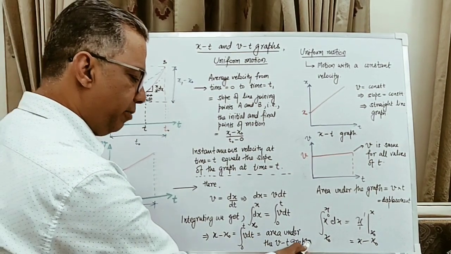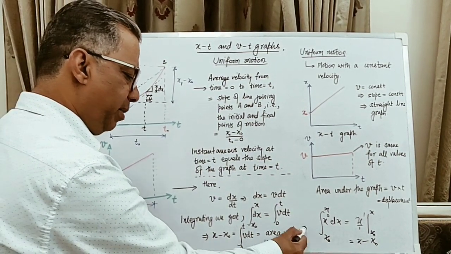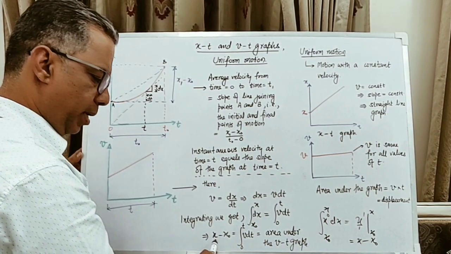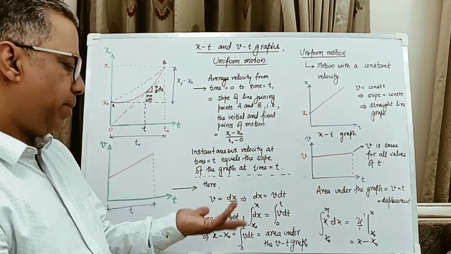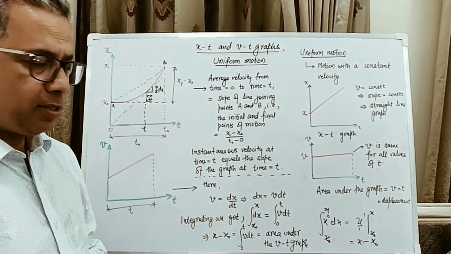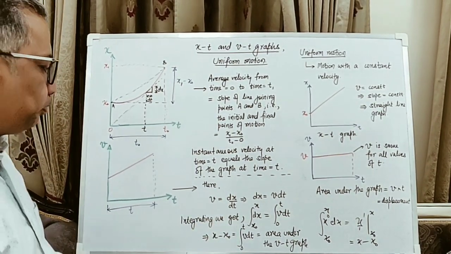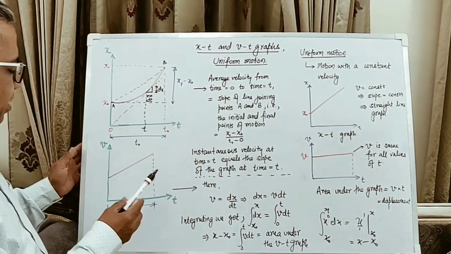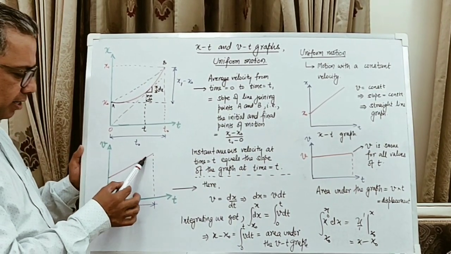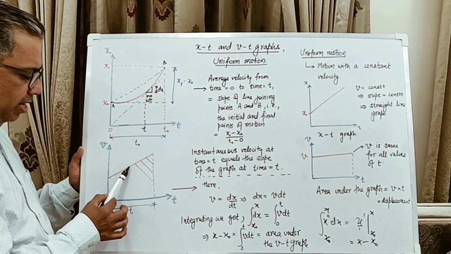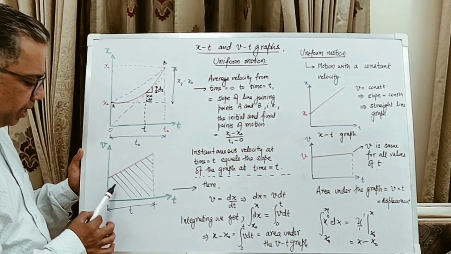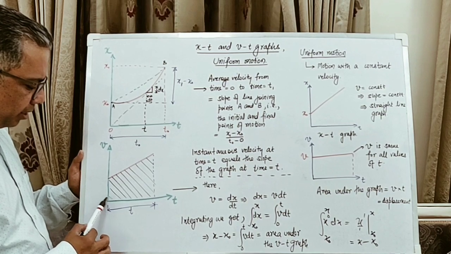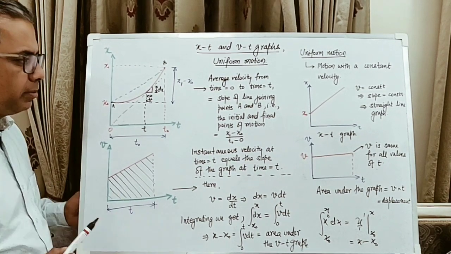So area under the vt graph in a given time interval equals x minus x0, and x minus x0 is the displacement during that same interval. So if I shade this area, this shaded area under the vt graph gives us the displacement during this entire interval from 0 to t.